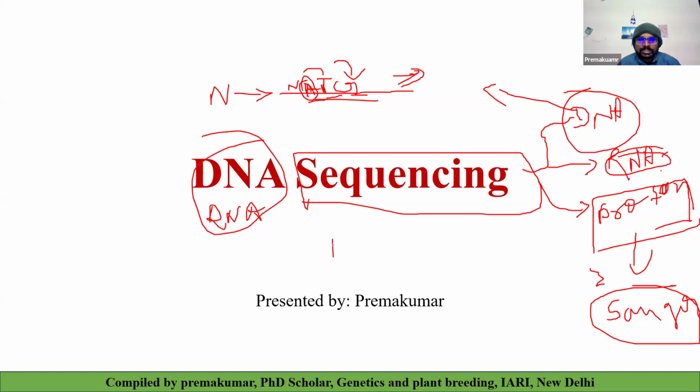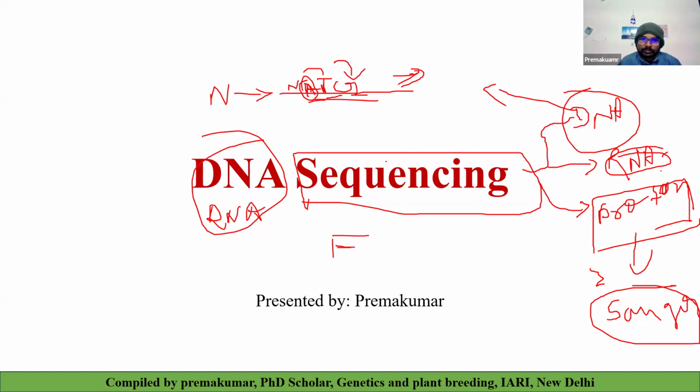Frederick Sanger is the pioneer of this sequencing field. He got two Nobel Awards. He's such a legendary scientist. Not the same area, but for protein sequencing and DNA sequencing.